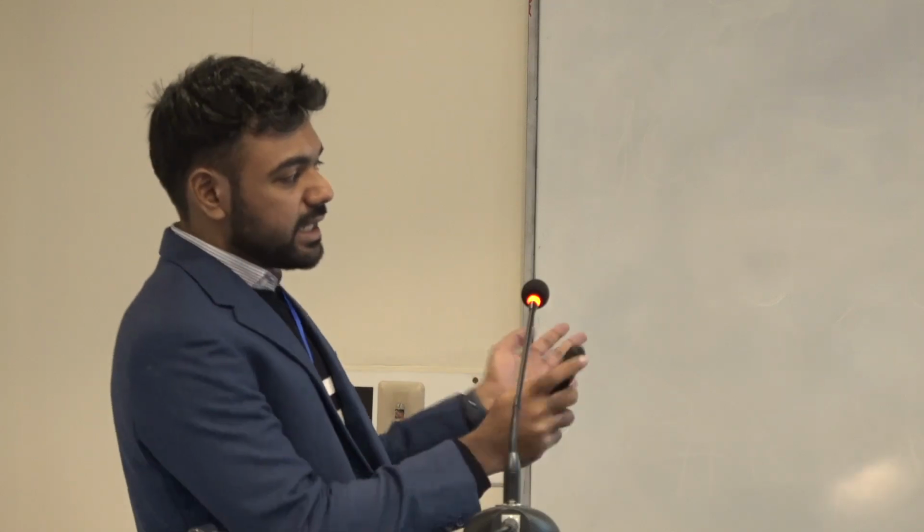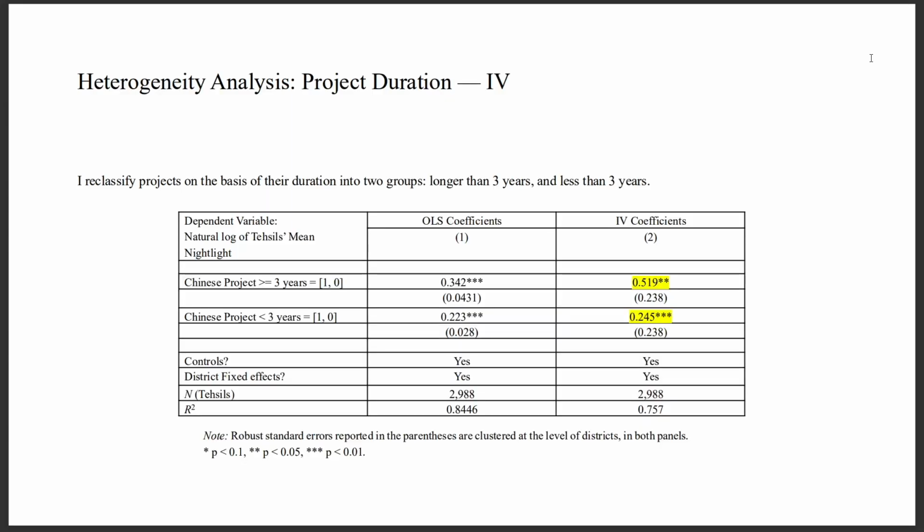Then I also classified the projects by duration, so how long a project has existed versus how short it is. The reasonable measure here was 3 years. Any project where more than 3 years have elapsed since it was inaugurated takes a value of 1, and otherwise 0, and these are separately calculated as two different variables in the same equation.